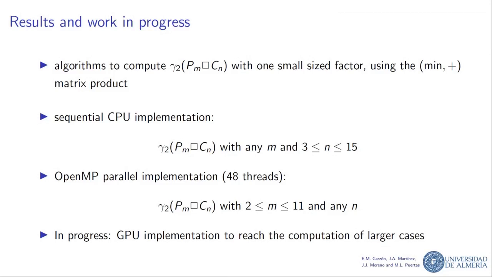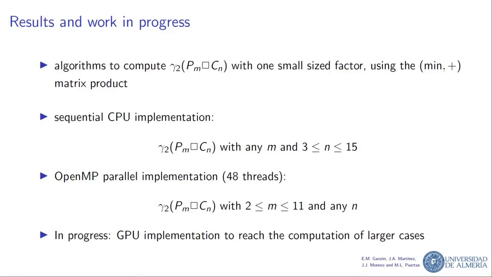And with a sequential implementation in a CPU, we can compute the two-domination number of cylinders with cycle between 3 and 15 vertices and any path. And with an OpenMP parallel implementation, we can compute the two-domination number of cylinders with paths between 2 and 11 vertices and any cycles.